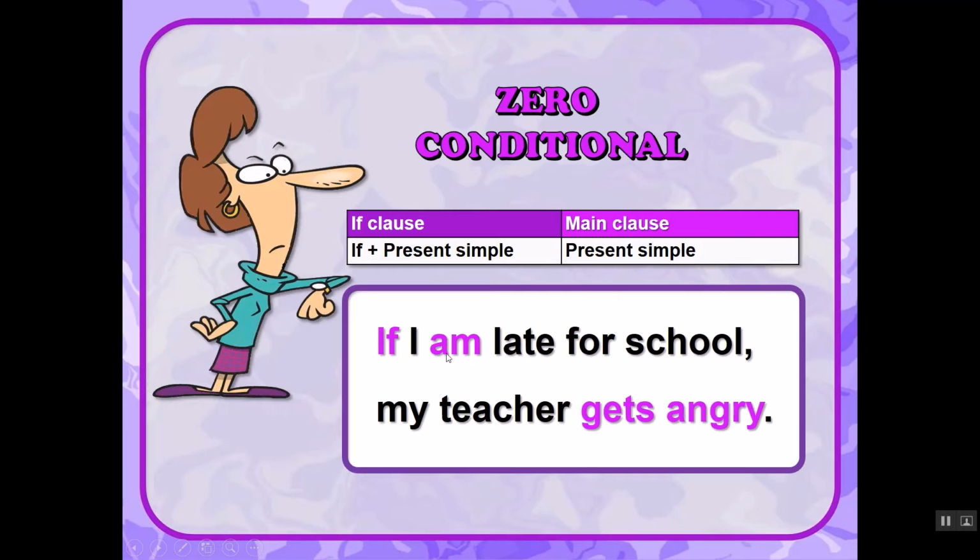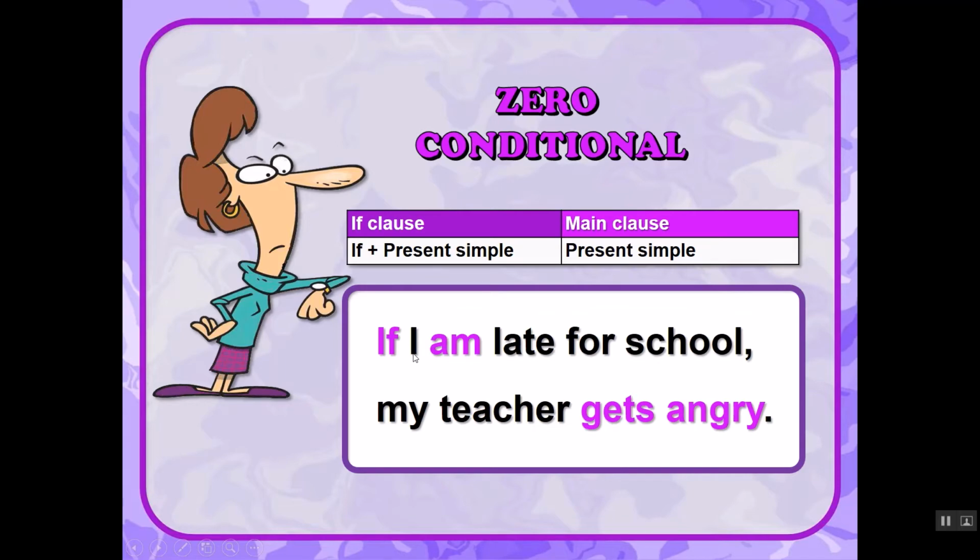So look at this example. If I am, present simple, late for school, my teacher gets, present simple, angry. You can also change these around and say, my teacher gets angry if I am late for school. If does not always have to be first.